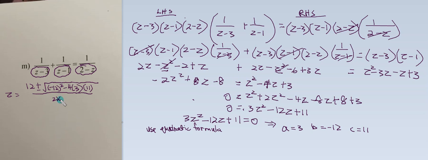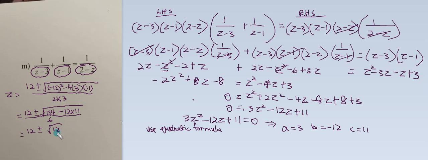So 2 times a is 6. So 12 plus minus, 144, squared negative still becomes positive, so this is 12 times 11. They give you 6.